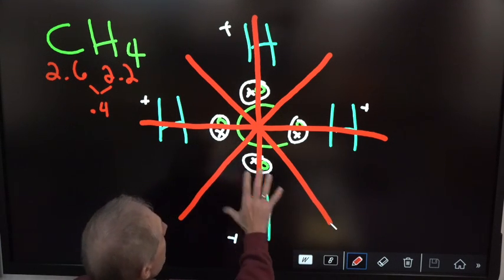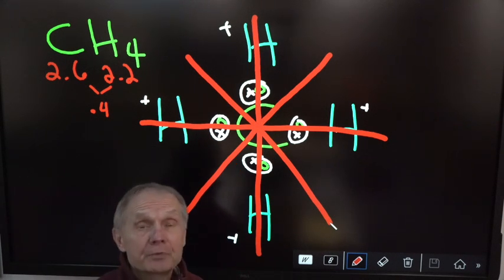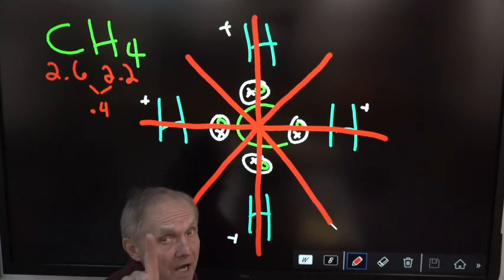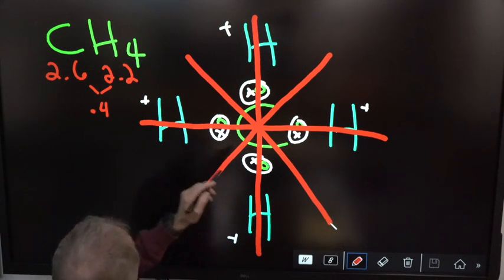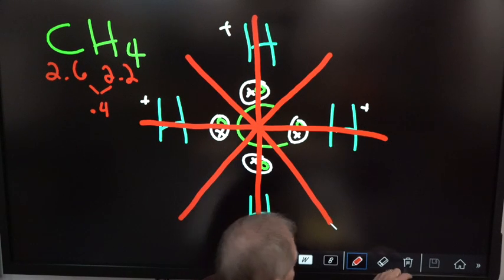So what type of molecule is CH4? We know it has polar bonds in there, but this molecule, CH4, is symmetrical. So let's write this down.